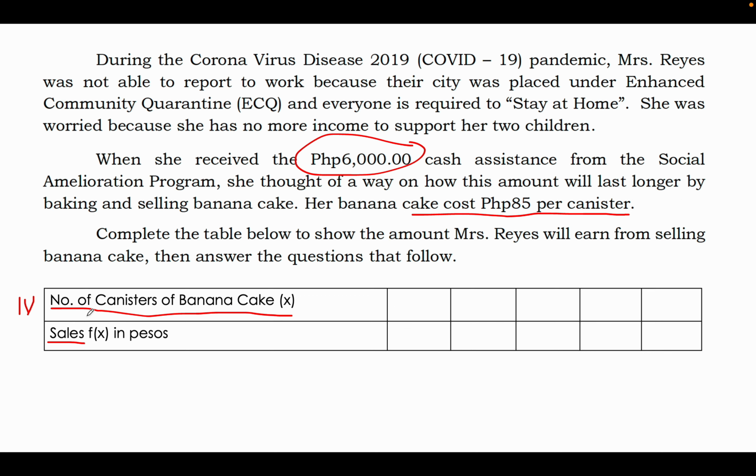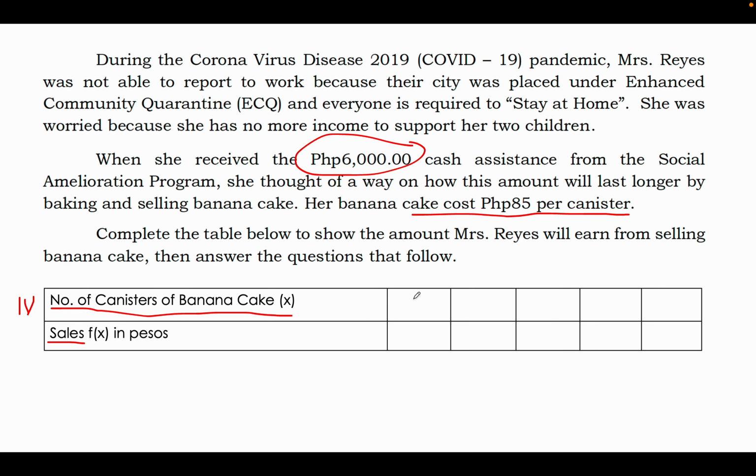Another question to answer this problem is, how do we determine the sales? Paano natin malalaman yung amount ng kanyang sales? Paano natin gagawin yon? Dito, sinabi dito sa problem that her banana cake cost 85 pesos per canister.